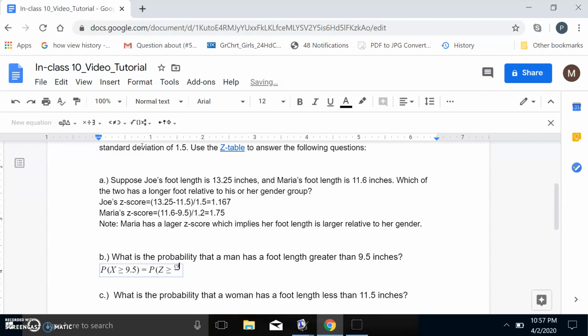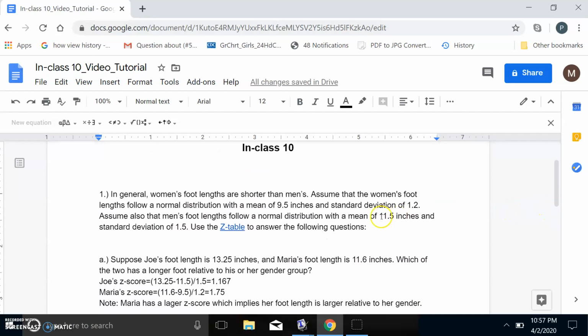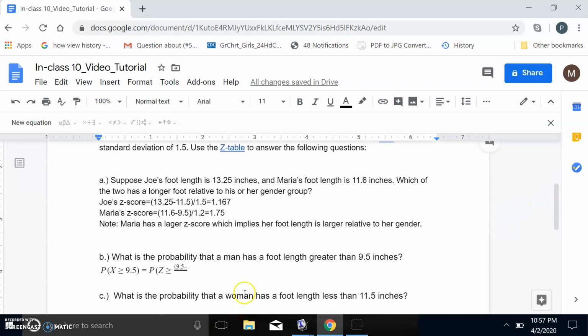So 9.5 minus the mean for the men, which is 11.5, over the standard deviation for the men, which is 1.5.